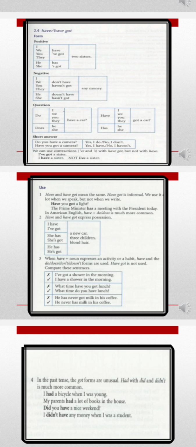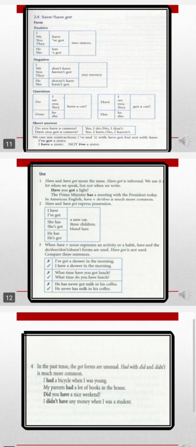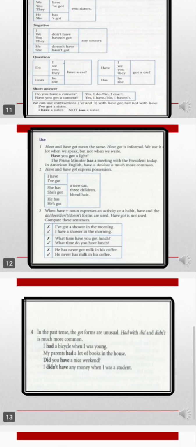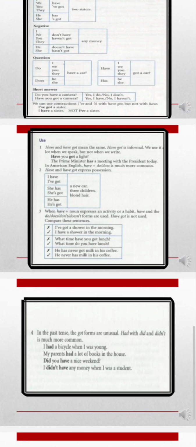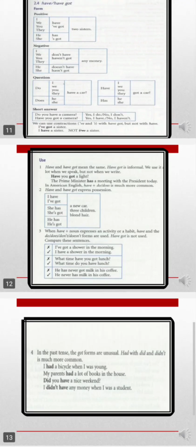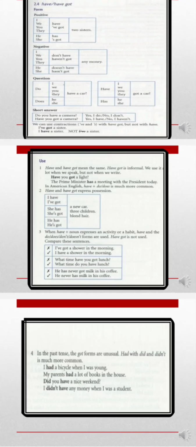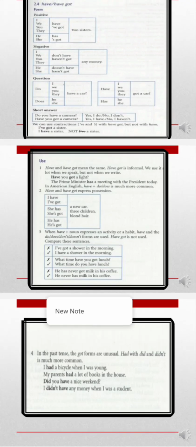We can use contractions 've and 's with have got, but not with have. For example, I've got a sister. I have a sister. But not "I've a sister," because this is wrong.